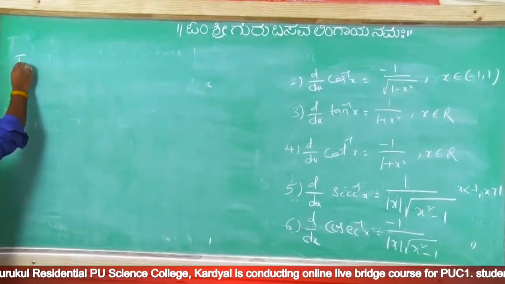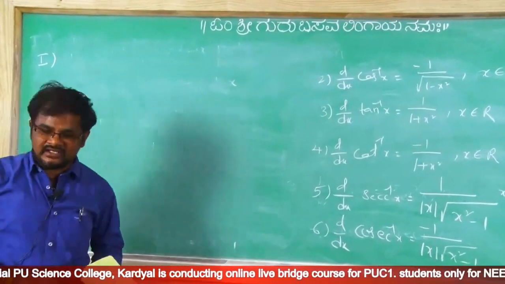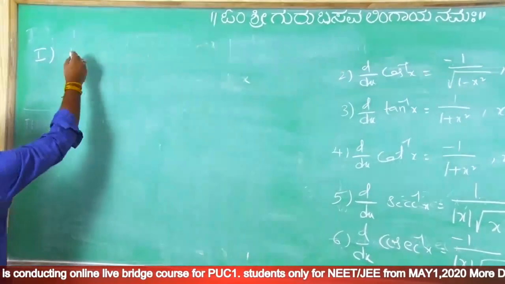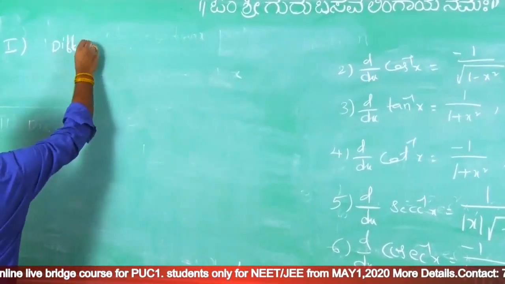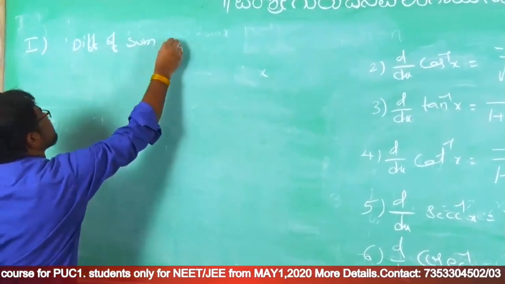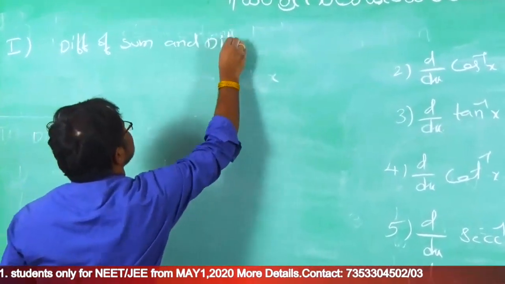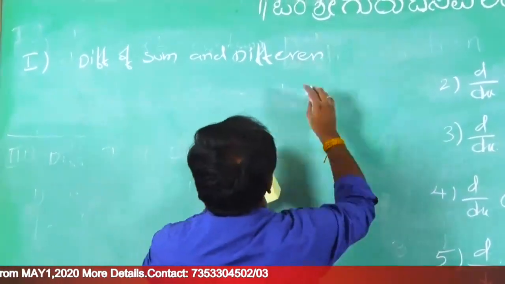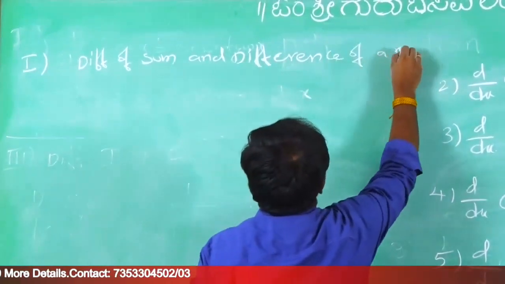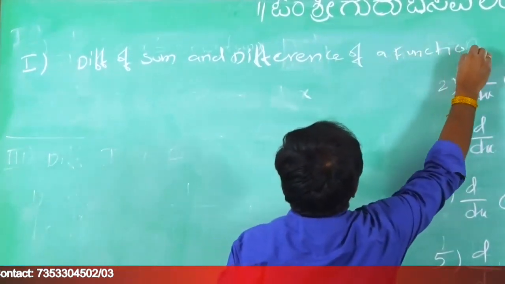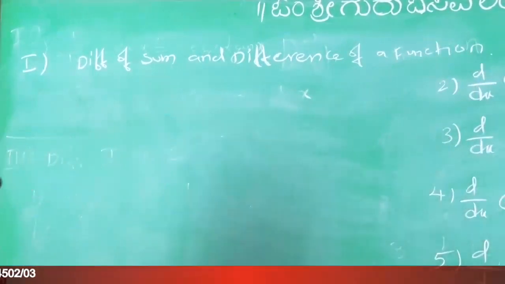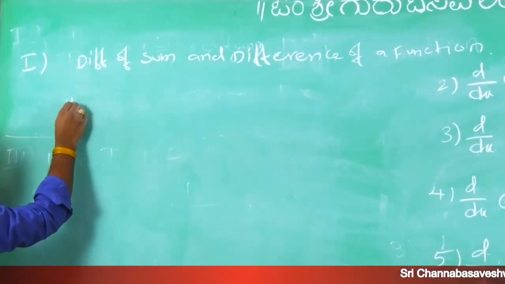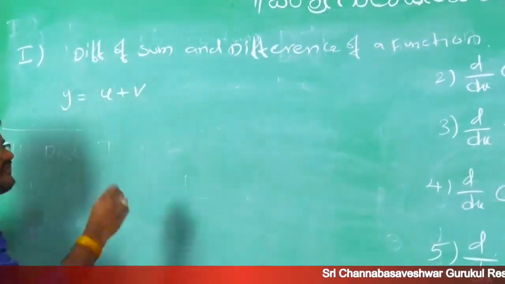Next, first one. To do differentiation, we have some rules. The first rule is differentiation of the sum and difference of functions. Suppose the given function is like this, y equal to u plus v, the sum of two functions.